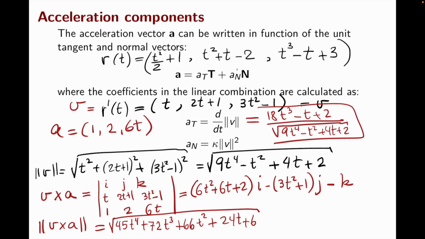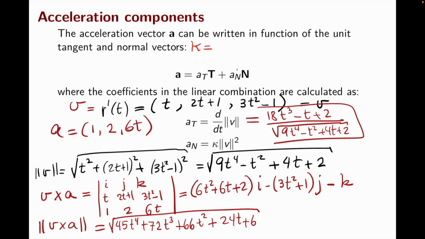So let me remind you that the curvature is equal to the absolute value of v times a divided by v cubed. And so when we have to multiply here, we are going to have to multiply by v squared. So at the end of the day, we are going to get just k, which is this index written here, divided by v cubed times v squared.